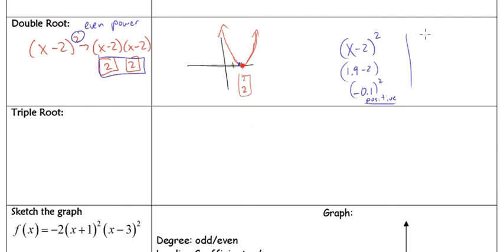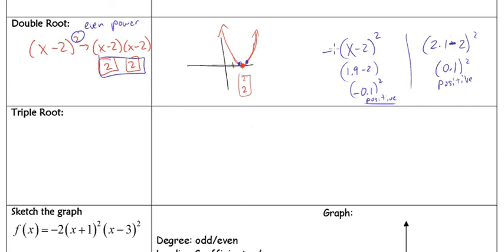Since it's squared, though, if we plug in a number just on the positive side of it, like 2.1, so 2.1 minus 2, and then square that, so we have 0.1 squared, we get the exact same result, positive 0.01. And so on either side of that root, we end up with the same sign. They're both going to be positive.